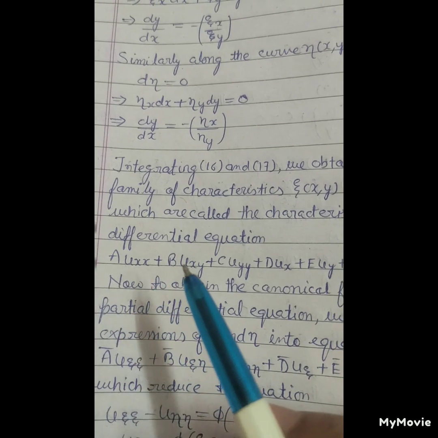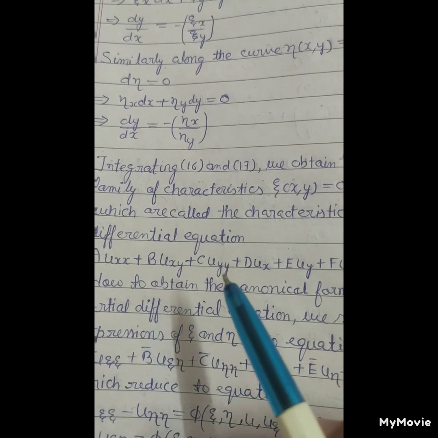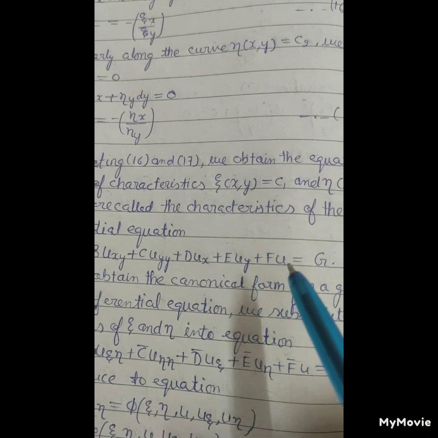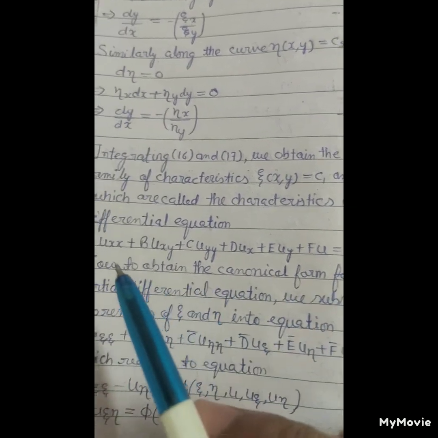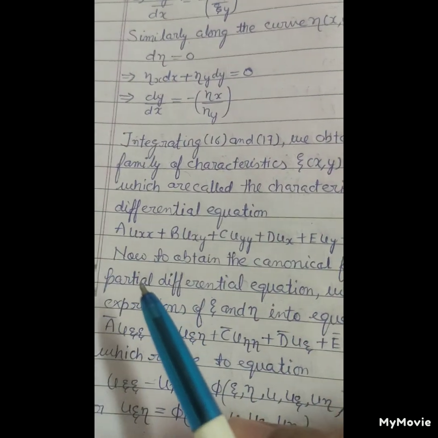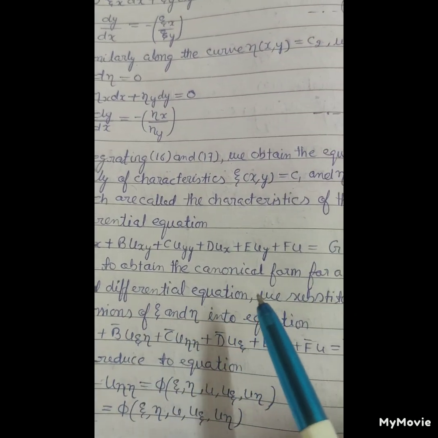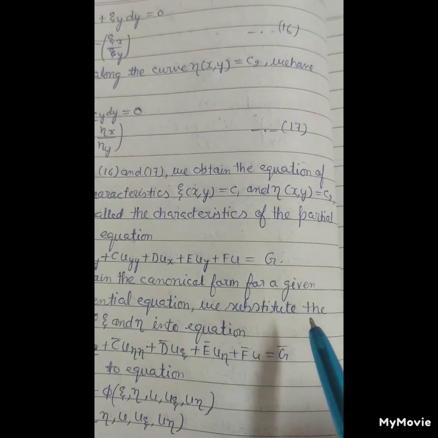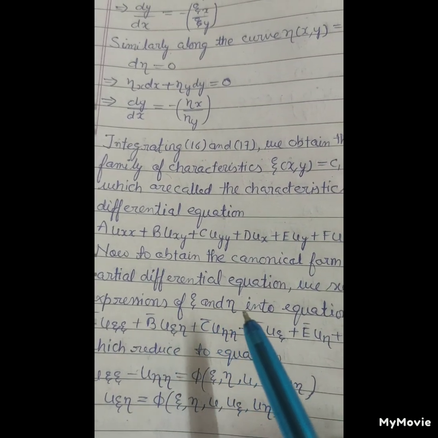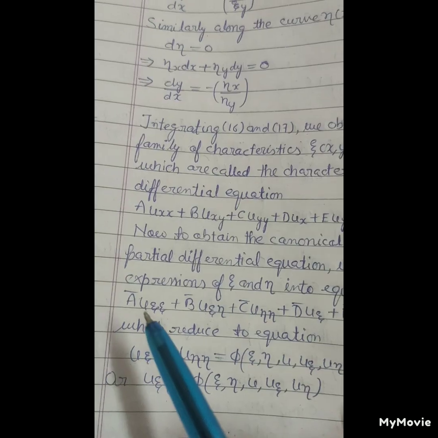A u_xx + b u_xy + c u_yy + d u_x + e u_y + f u equals g. Now to obtain the canonical form for the given partial differential equation, we substitute the expressions of η and ν into the equation.